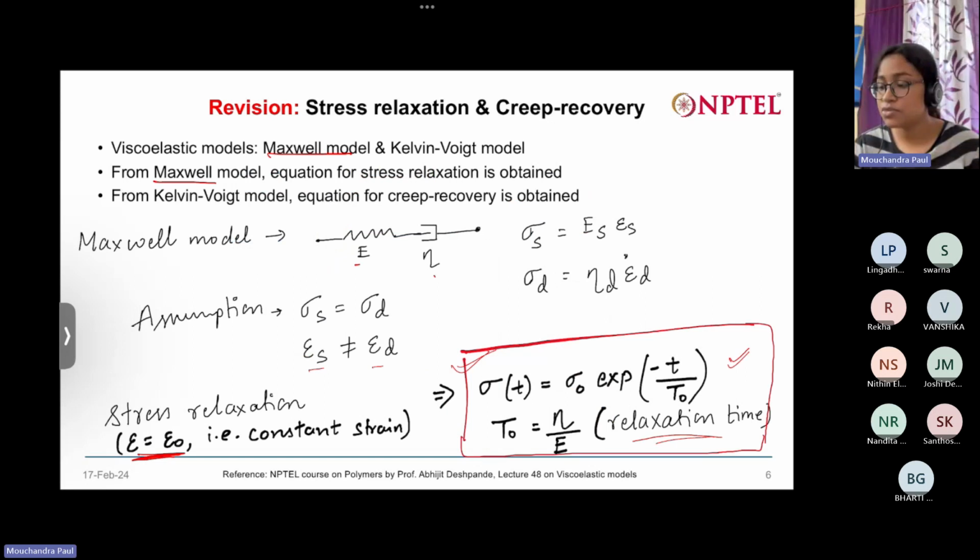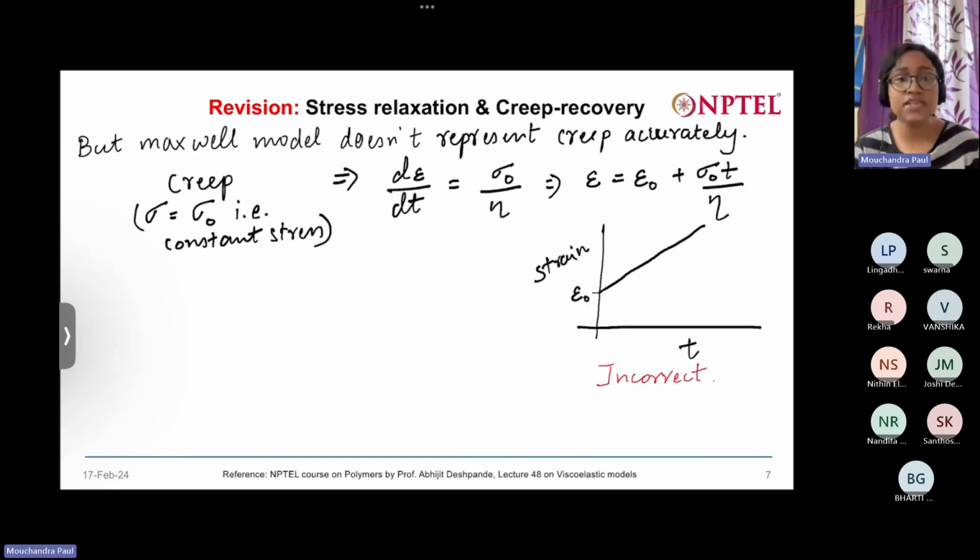Whereas the Maxwell model also gives an expression for creep, but this creep expression looks like this. If you plot this expression, then you get a creep graph that has a constant intercept and it is linearly increasing. So this representation of creep is not correct.